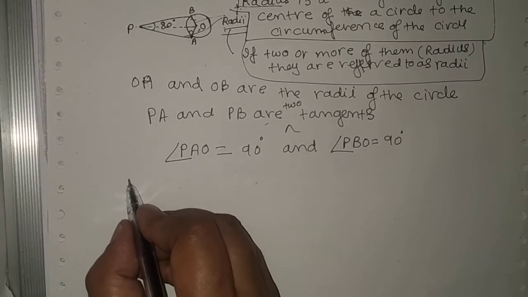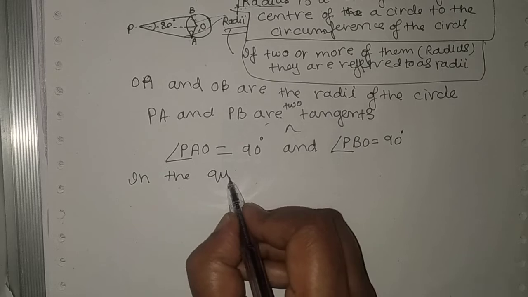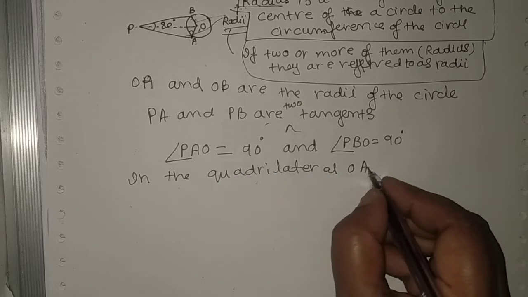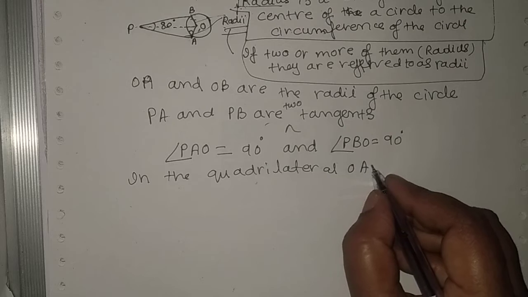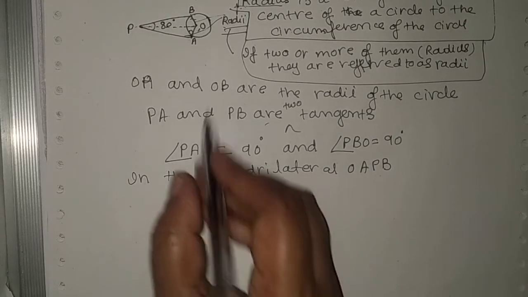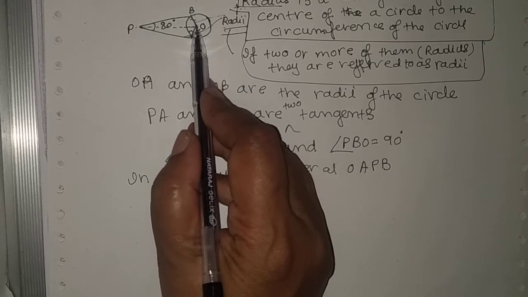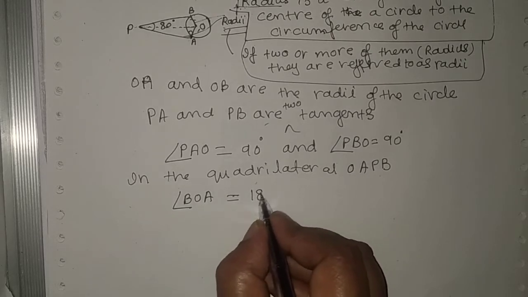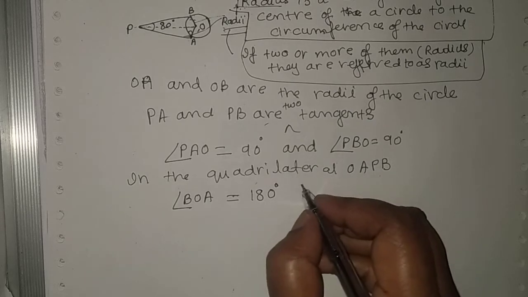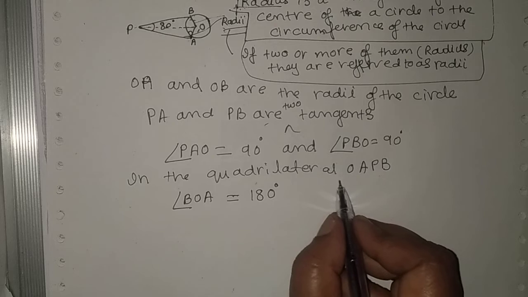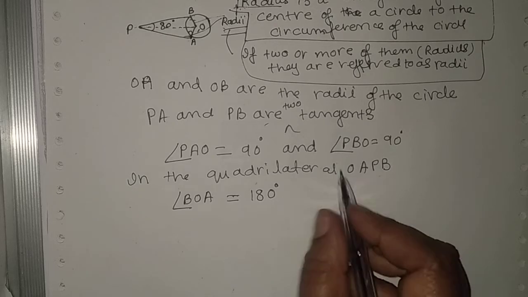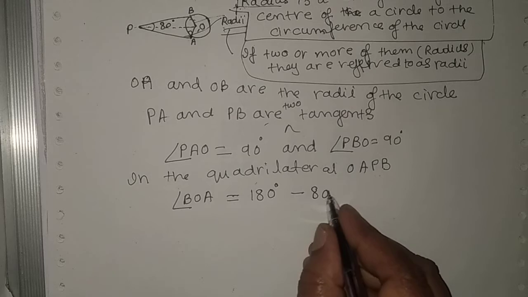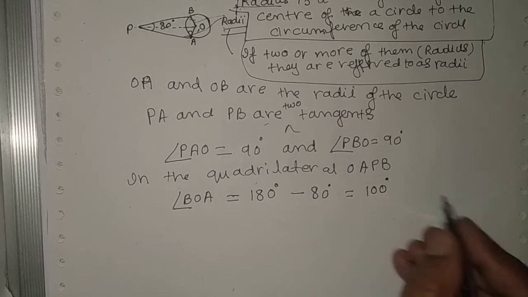So there are four angles. So in the quadrilateral, that is OAPB, angle BOA is equal to how much? 180 minus, so sum of the angles is 360 degrees, but only that is BOA is 180 degree minus this 80 degrees, minus 80 degrees is equal to 100 degrees.